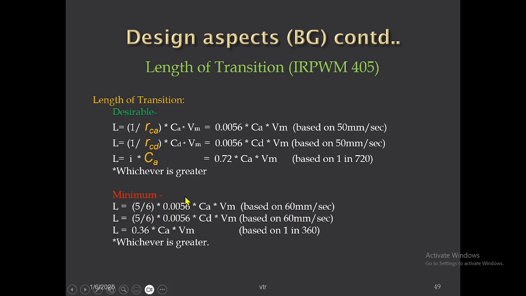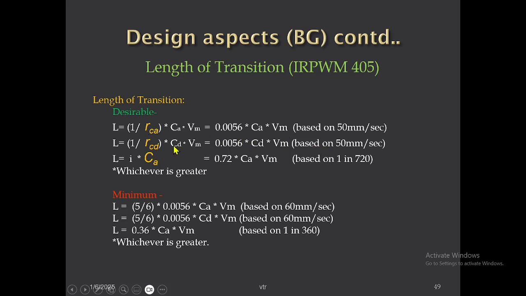We'll come to this later. If you substitute 50 mm per second here, we get this, because it is mm per second whereas we are substituting speed in kilometer per hour, and applying the conversion factor, we get 0.0056 Ca into Vm.